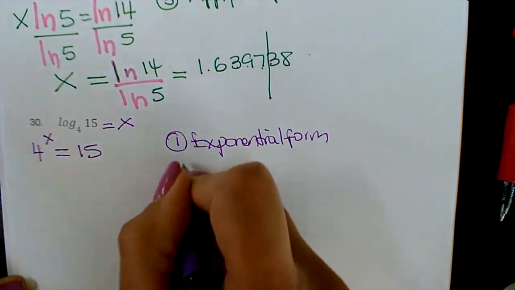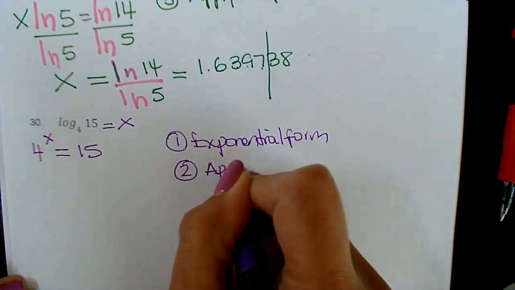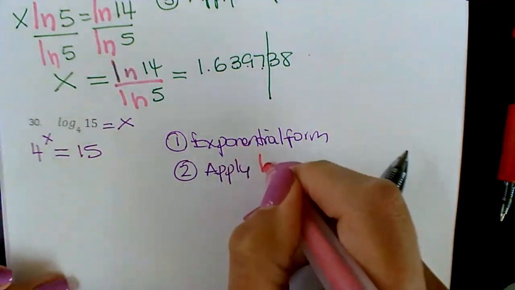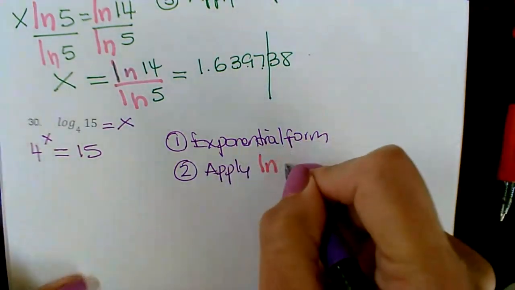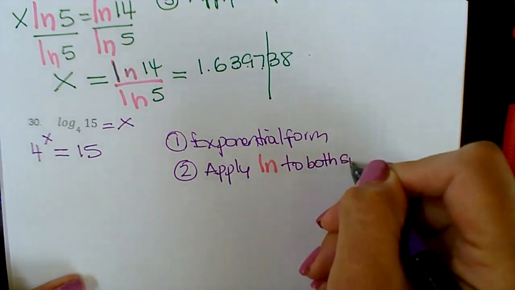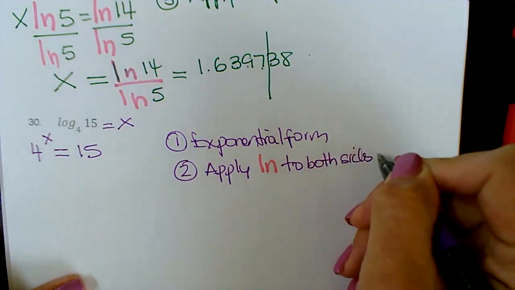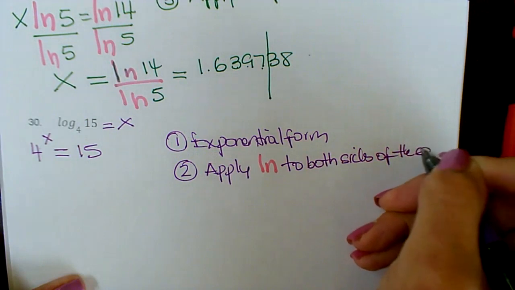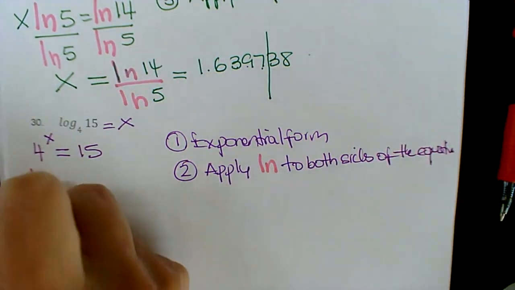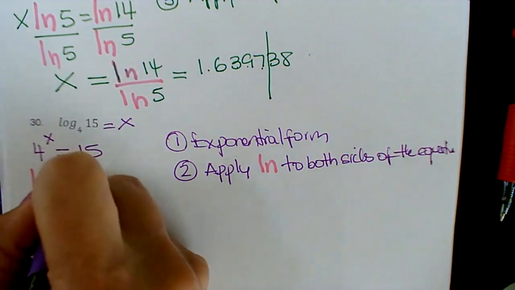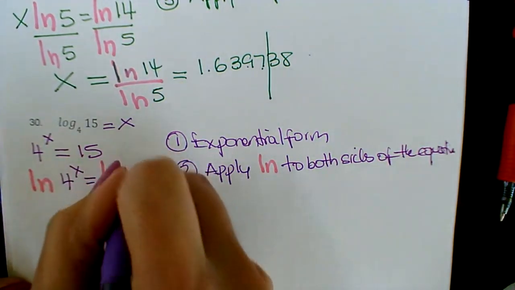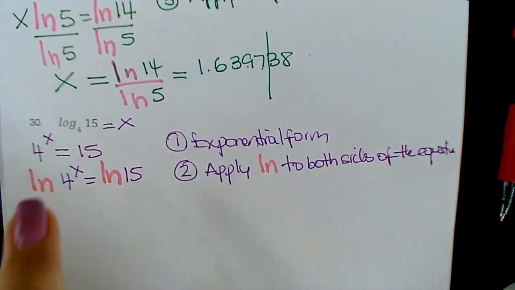So this is going to be equal to 15. Now we're going to apply ln to both sides of the equation. Now what do I need to apply here?